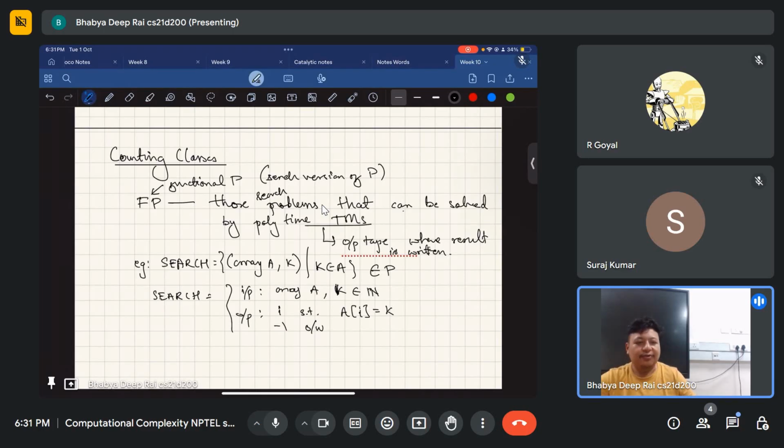So is this possible to do in polynomial time? This search, I'll call it F search. You're given an array and an element, and you need to output the index.